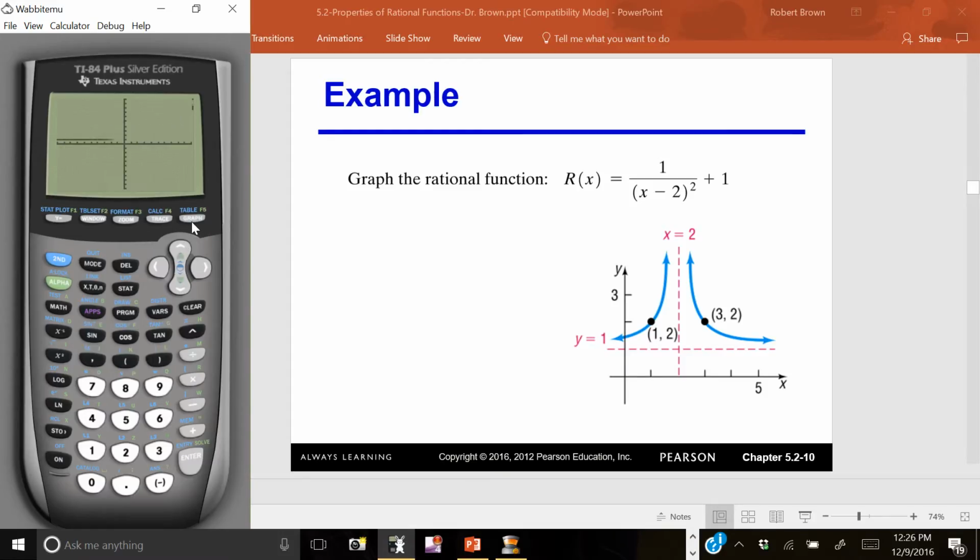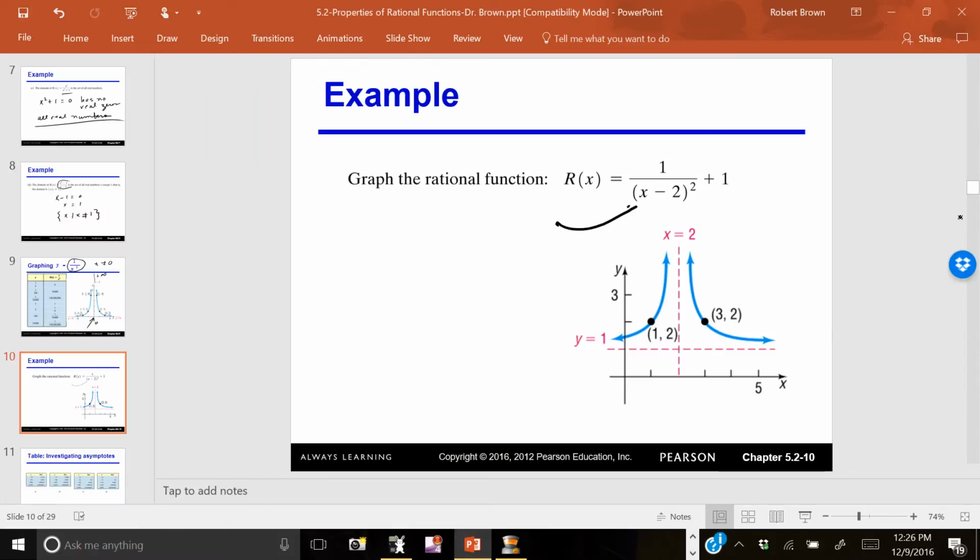It'll zoom to the standard window. We could zoom in, and it would look exactly like you see here on the slide. Notice that now x equal 2 is a vertical asymptote.